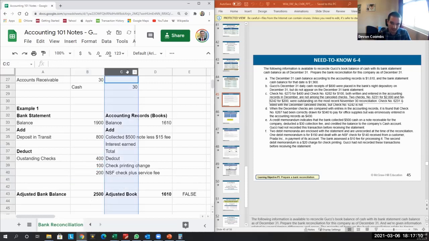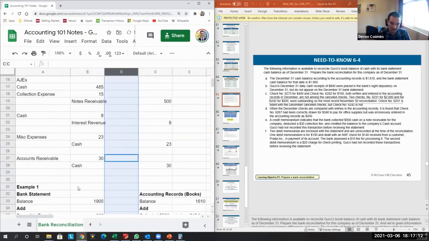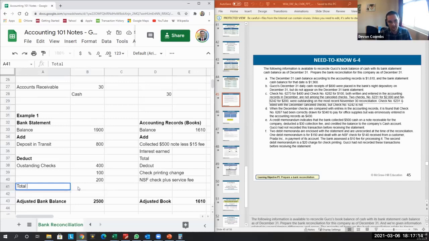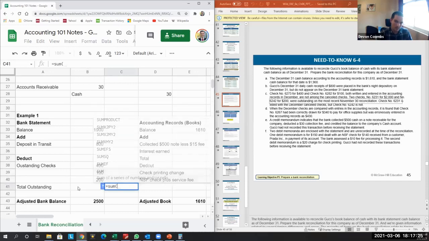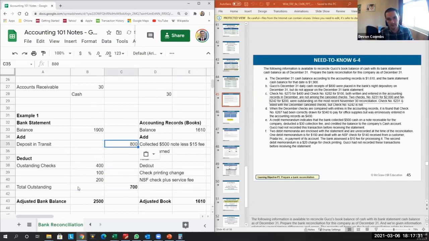So total outstanding checks, I'll fix this up a bit. Total outstanding, $700. Deposit in transit balance.